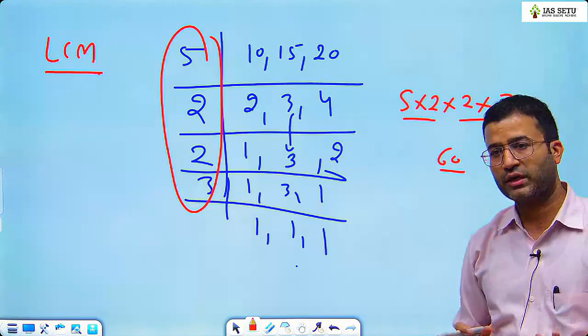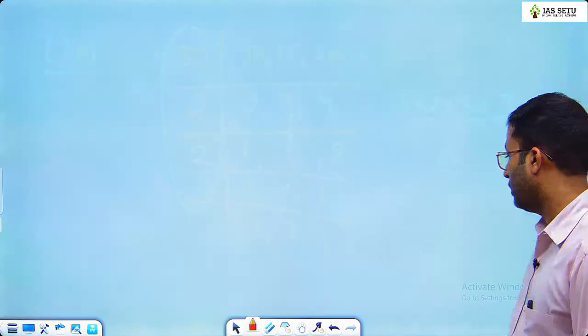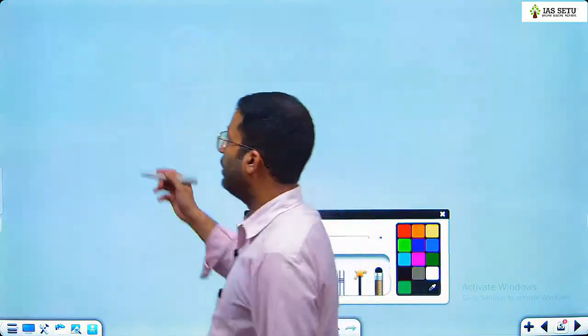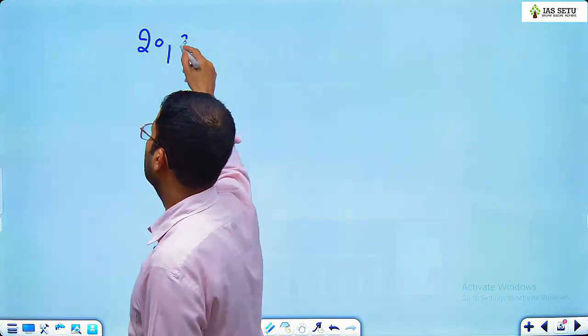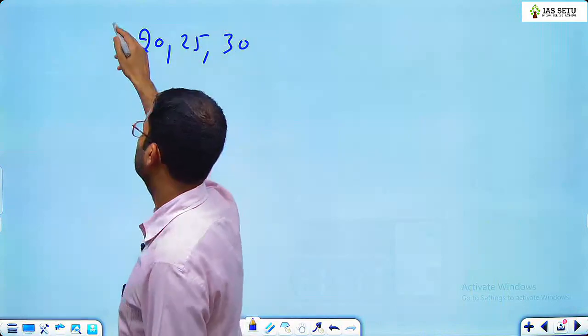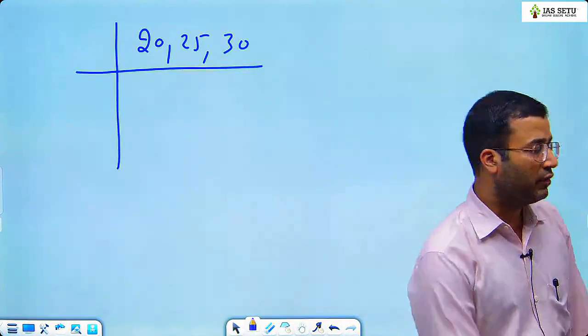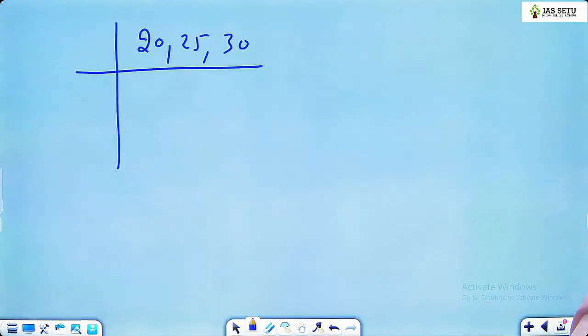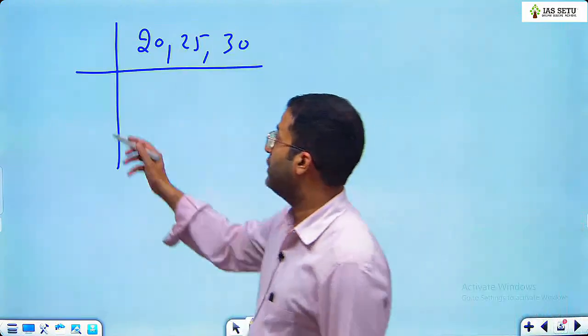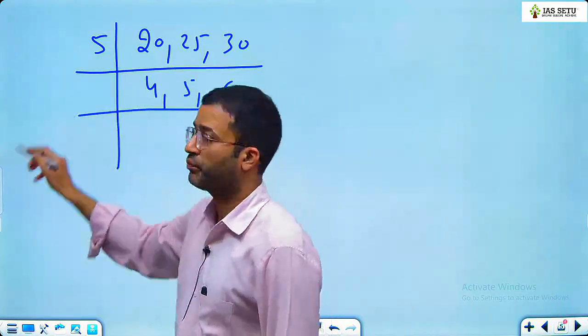I will take two more examples, the rest is your homework. Category 1 students, listen carefully. Like I take the numbers 20, 25, 30. We have to find the LCM of 20, 25, 30. We take 5 common, we get 4, 5, 6.